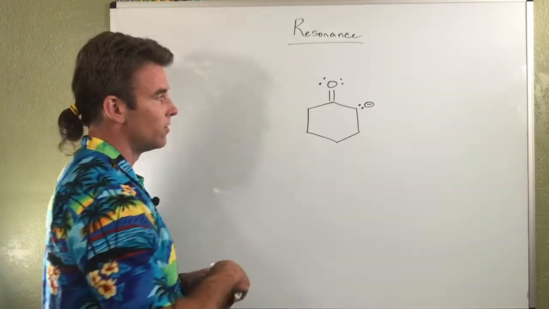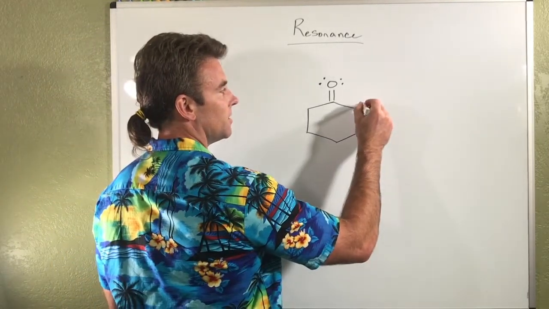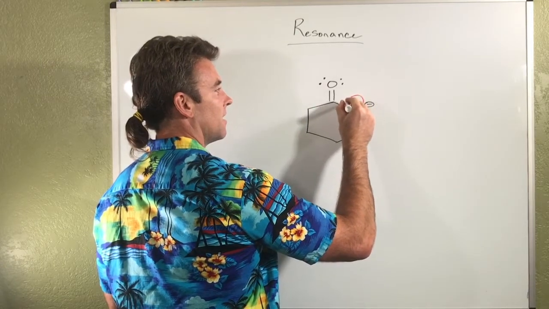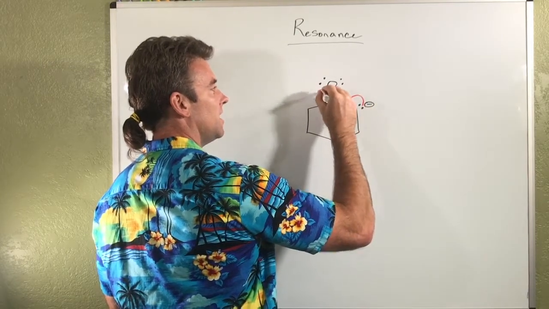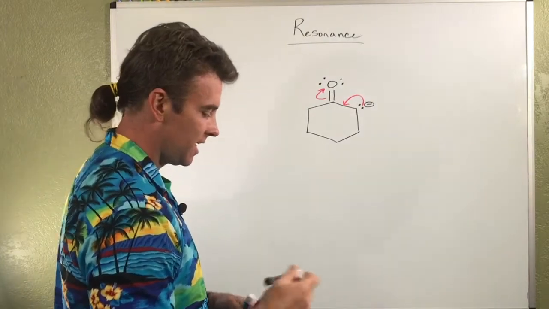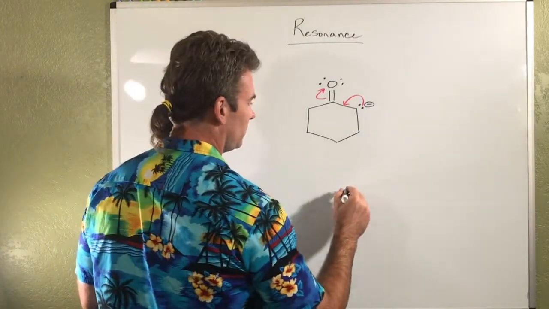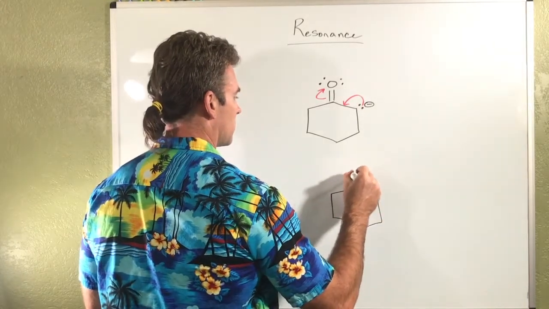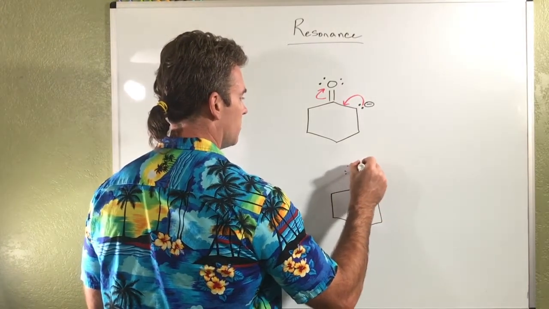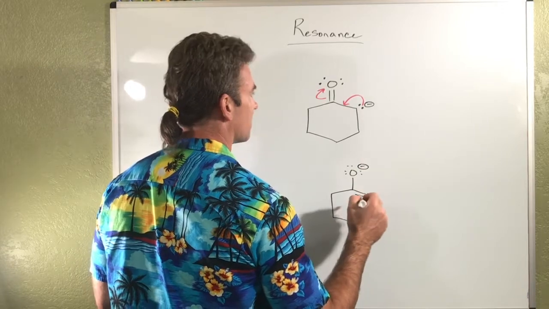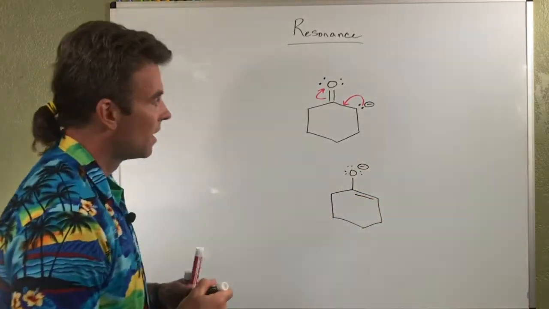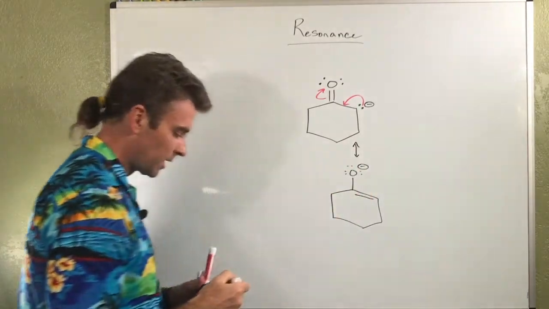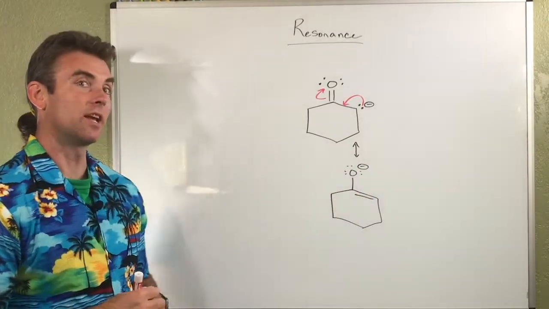So what we could do is draw another resonance form where, remember, we're always going from a site of electron density, and we could do these two arrows to lead us to a new resonance form, which looks like this. And of course, we could do the two arrows. And so we'll just go through.